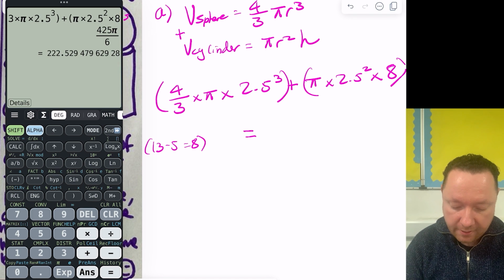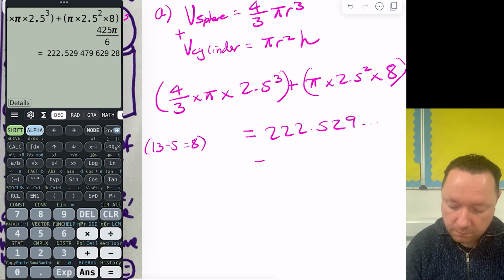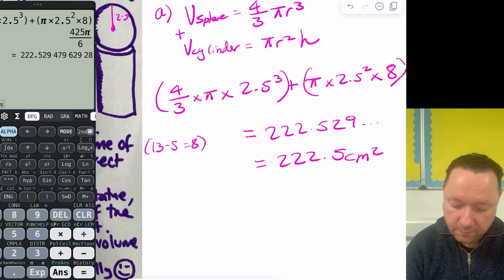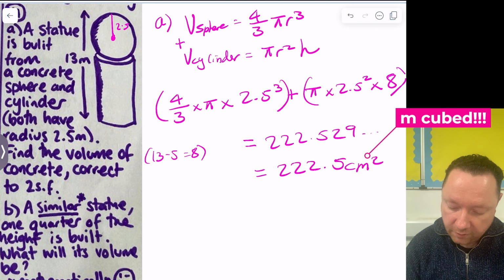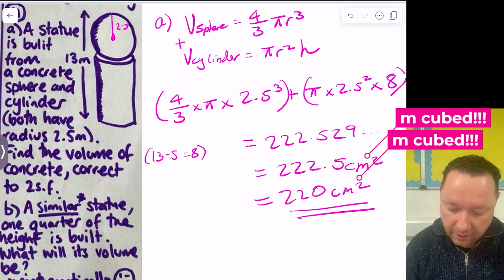Close my bracket again, and I get a final answer of 222.529, or 222.5 centimetres cubed. They ask me to round it to two significant figures, so let's just do that. 1, 2 means I'm cutting here, so it's 220 centimetres cubed is my final answer.